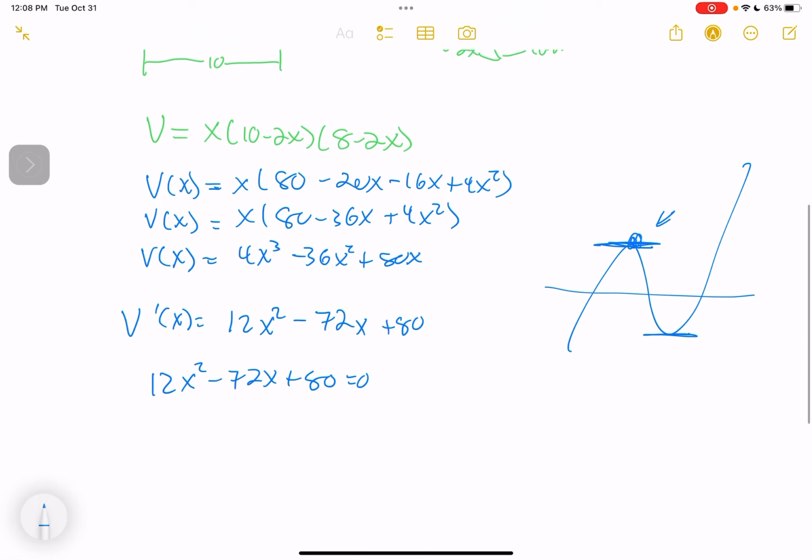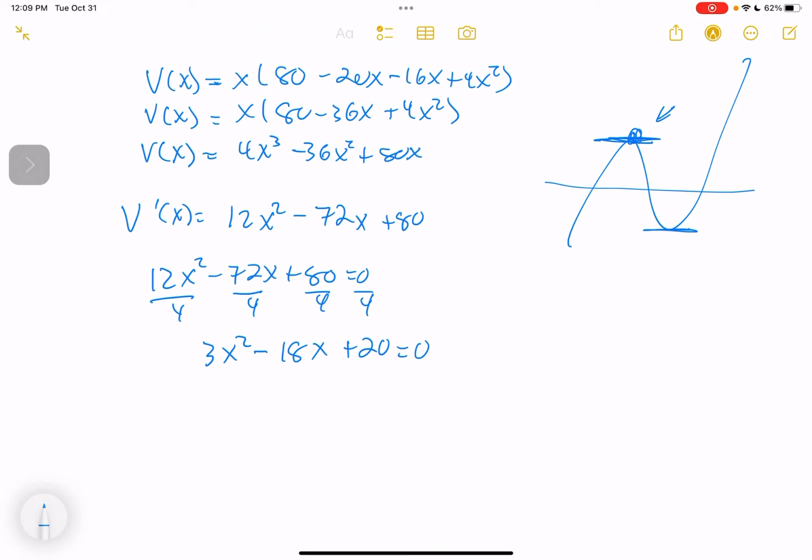Now if I divide a 4 out of everything, I'd have 3x squared minus, and what is 4 into 72? Is that 18? Yeah. 18x plus 20 equals 0.